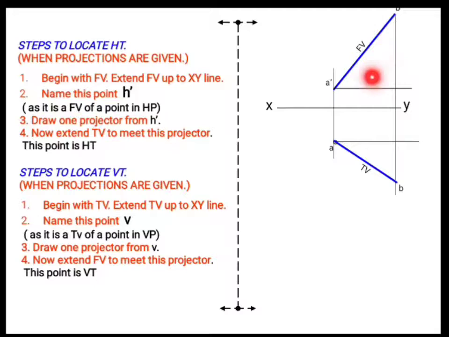The elevation A dash B dash or its extension which intersects with the XY line denotes the point H dash. And then a vertical projector can be dropped from H dash and the line AB is extended to intersect with this vertical projector to get the point HT.